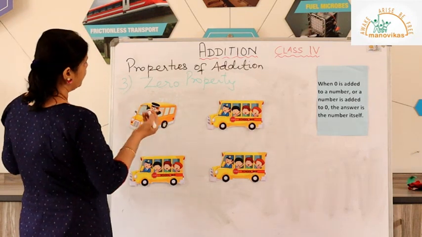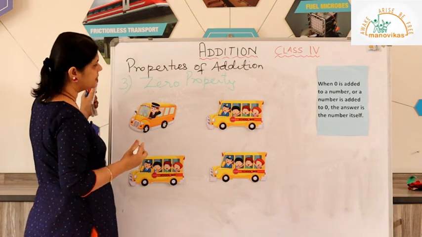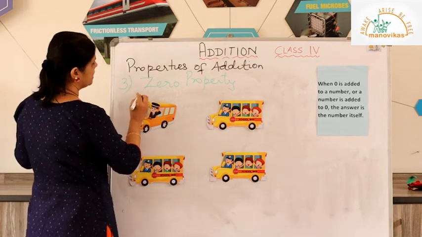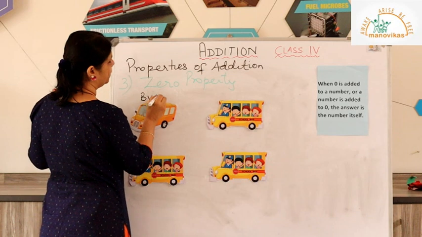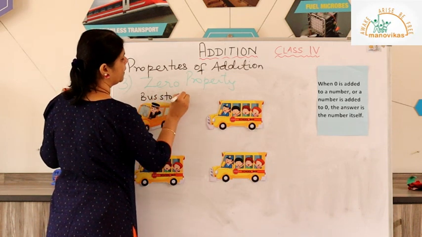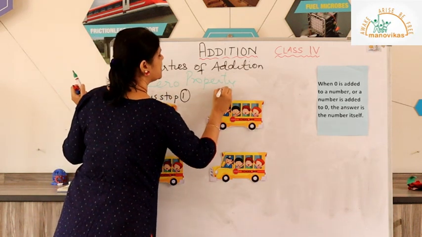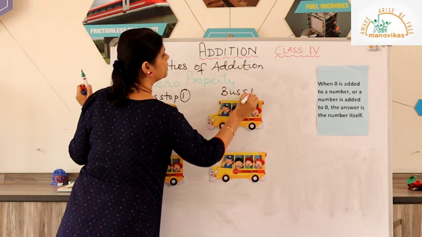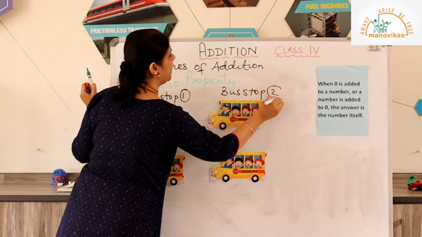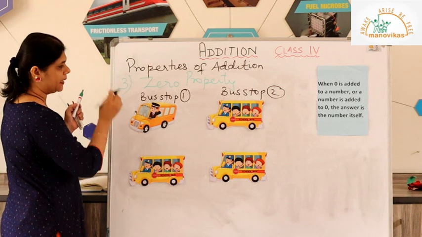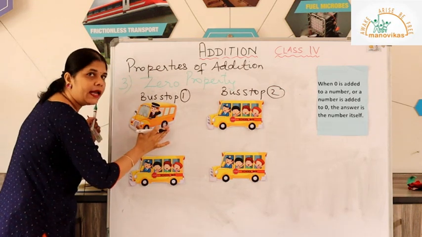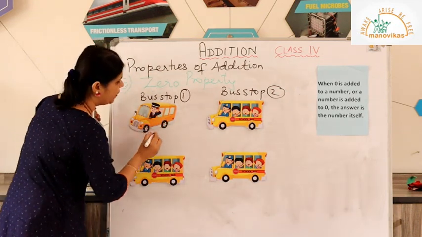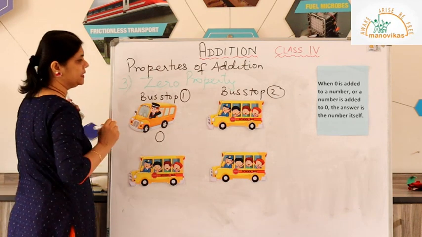Now see here, all of you go to school by bus, isn't it? Now, this bus is at bus stop 1 and this is the bus stop 2. Okay, now at the bus stop 1, you can see there are no children in the bus. So how many children are there in the bus? 0.